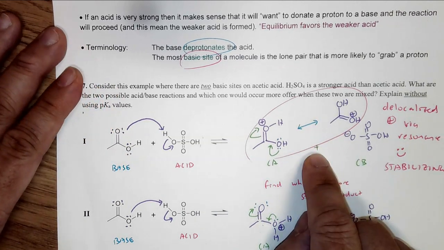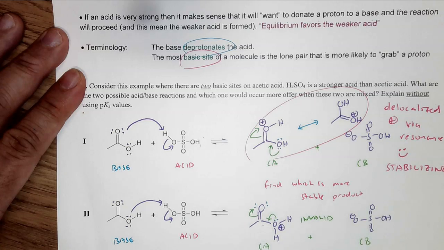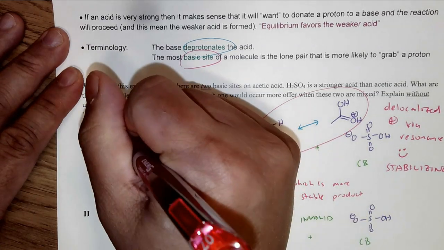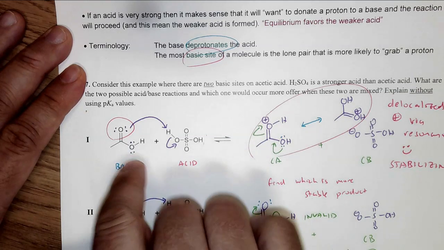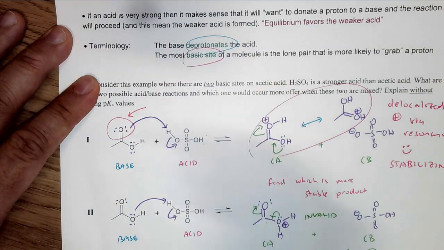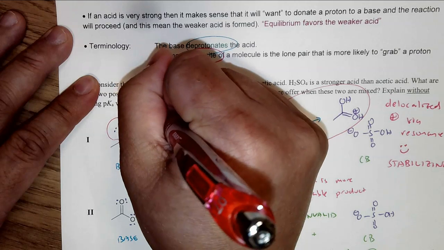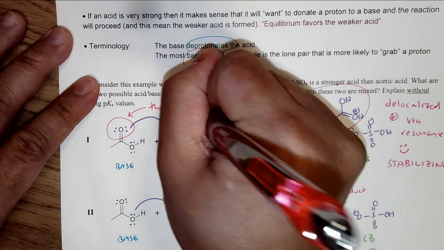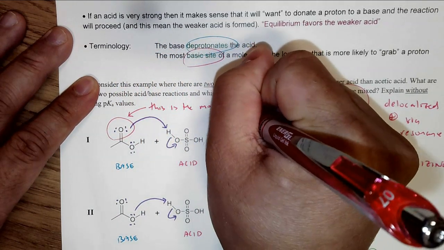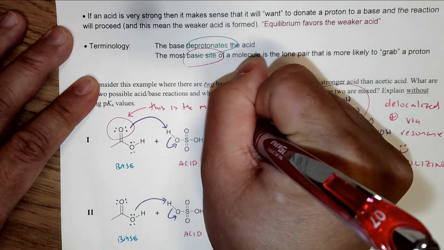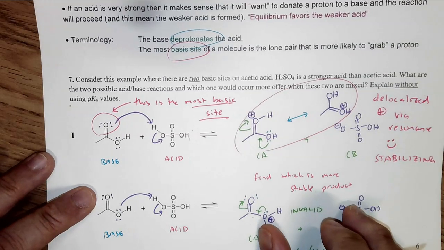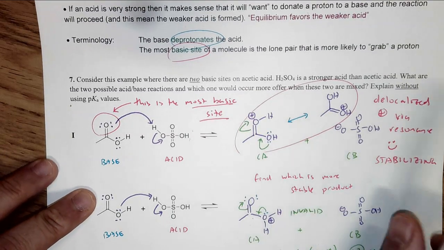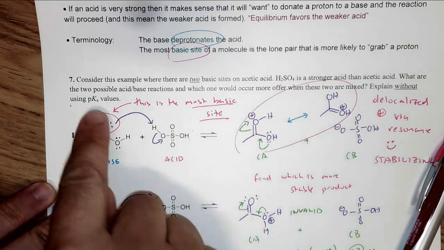This is more prevalent, and what's our final conclusion? This oxygen is more basic than this oxygen. So I would say, using our terminology, this is the most basic site. That would be my final conclusion, and that's how I would answer this problem without using pKa's.